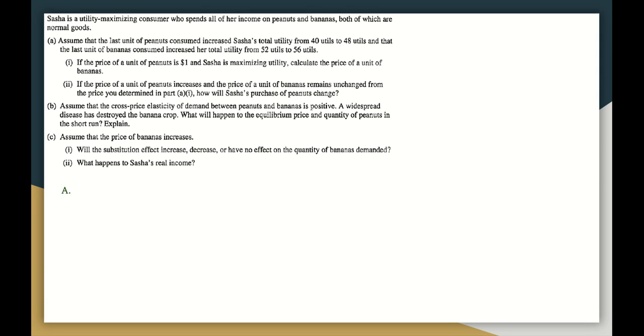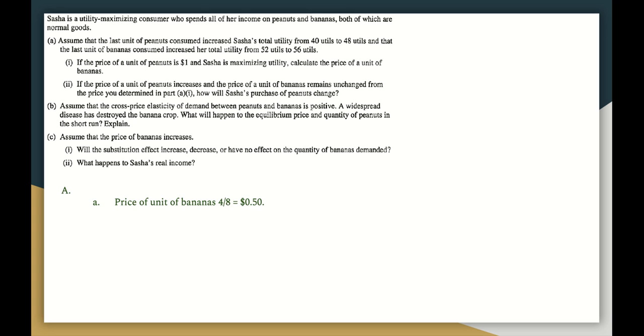So when we include this formula, we are just taking a look at the difference in the utility. If you subtract 48 minus 40, you get 8. 56 minus 52, you get 4.